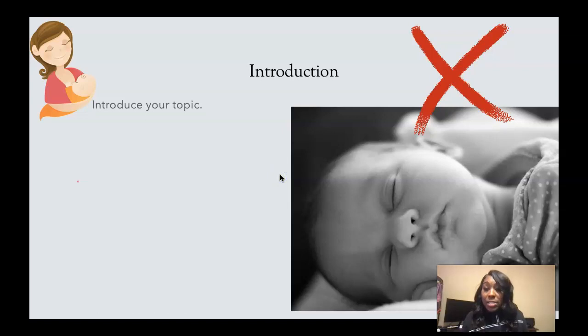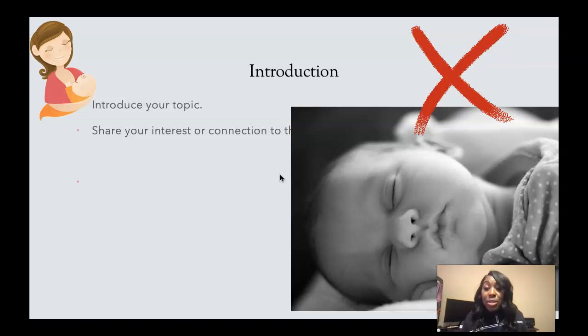The topic is breastfeeding versus formula feeding. The interest that I have in it is that the research shows that breastfeeding is beneficial not only to the baby but also to the mother. It's a lot of benefits from breastfeeding, including lowering the risk of breast cancer in mothers, weight loss.